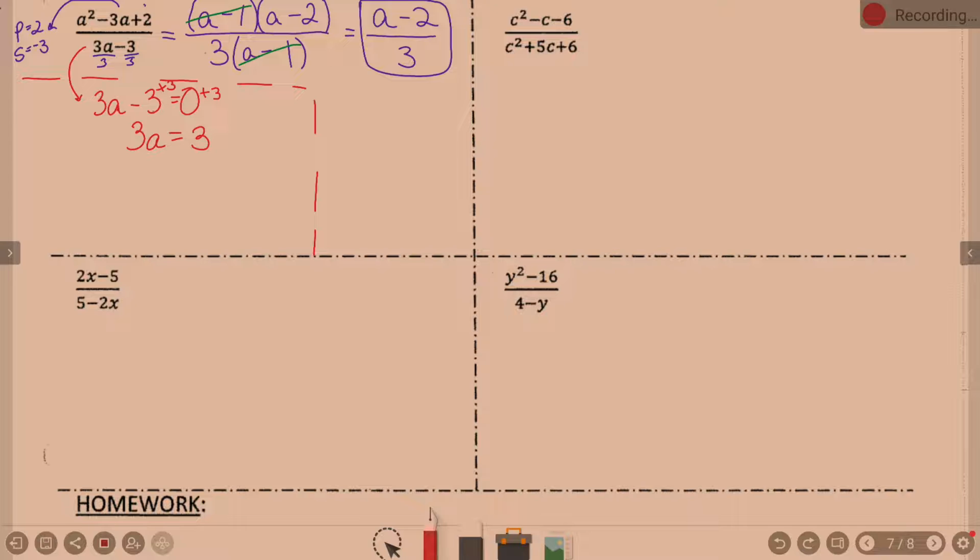Okay, it's 3a. How do we get a by itself? It's 3 times a, so we're going to divide by 3. 3a divided by 3 is a. What's 3 divided by 3? 1. So what do we know? A cannot equal 1. In other words, if I put 1 into this problem, it'd give me a denominator of 0.